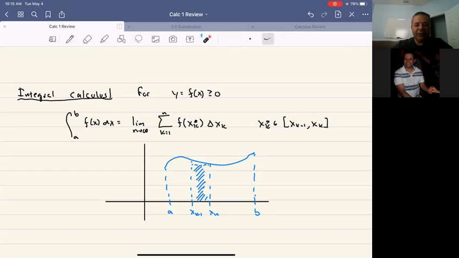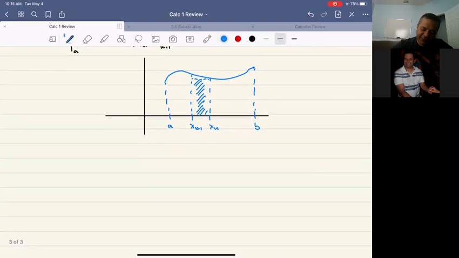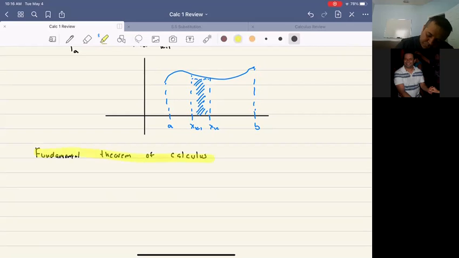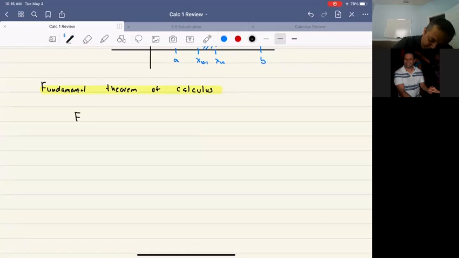The fundamental theorem of calculus tells us that if we define F of x to equal the integral from a to x of f of, here I'm going to use a different variable, okay?